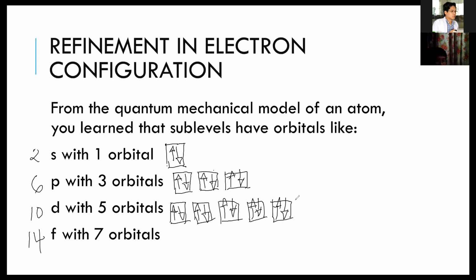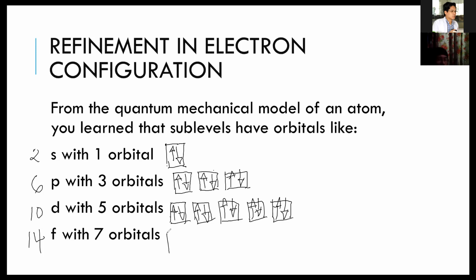By the way, the arrows there represent the electrons: 1, 2, 3, 4, 5, 6, 7, 8, 9, and 10. So that is why you have 5 orbitals, because the D sublevel or subshell can only hold up to 10 electrons.